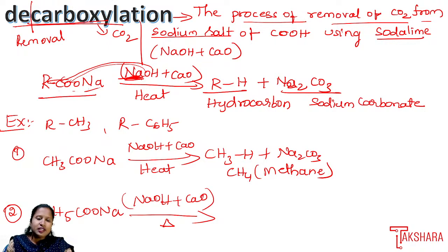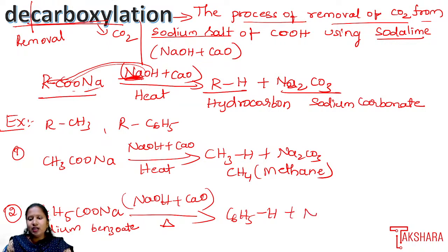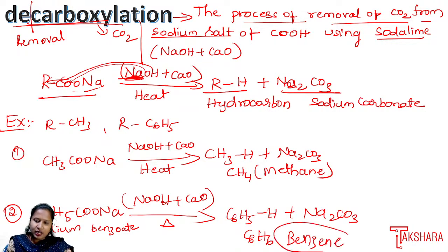The reactant molecule is sodium benzoate. When sodium benzoate reacts, what product do we get? C6H5 with one hydrogen atom added, plus liberation of Na2CO3. This is nothing but C6H6, benzene. So we get benzene as the product.